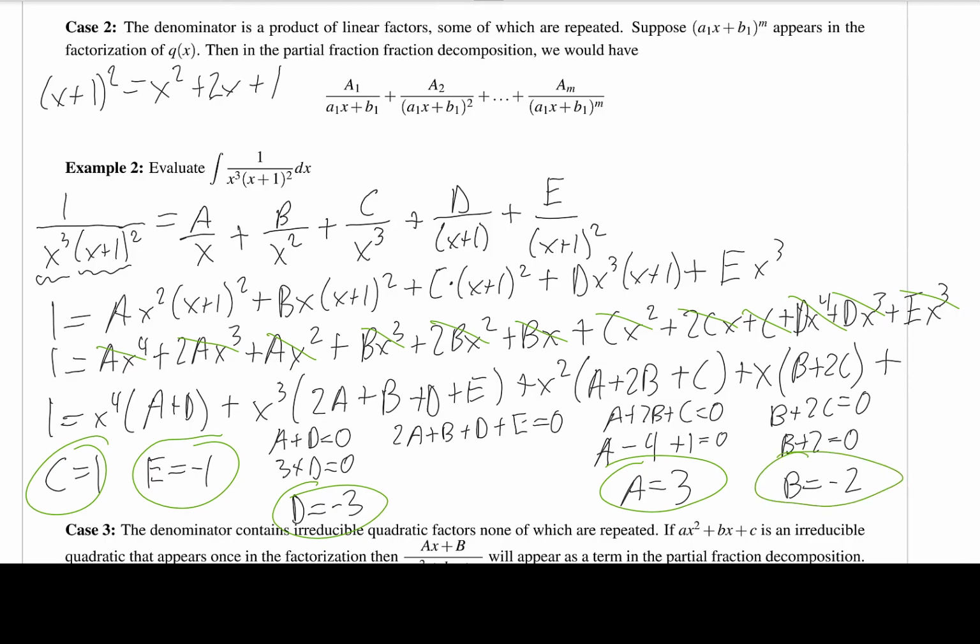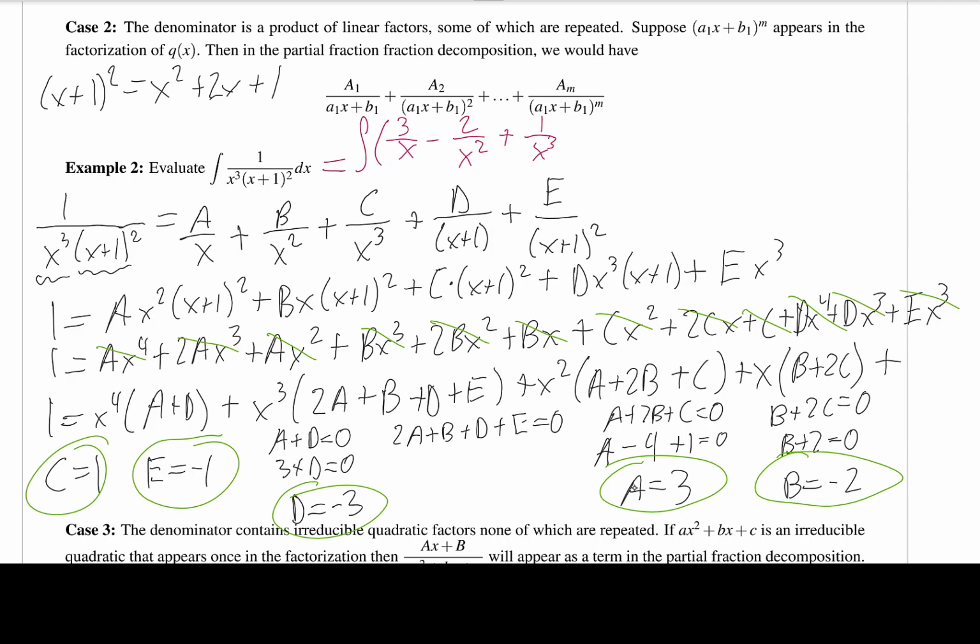So then I can rewrite this integral as the integral of, let's see, so I should have a over x, so that'll be 3 over x, plus b over x squared, so that's -2 over x squared, plus c over x cubed, so that's +1 over x cubed.